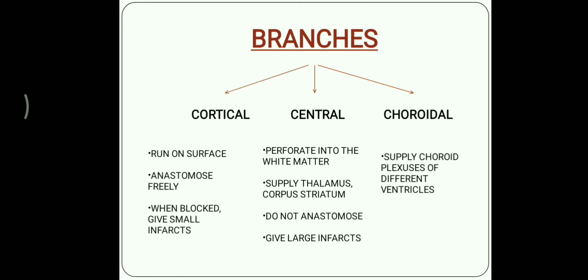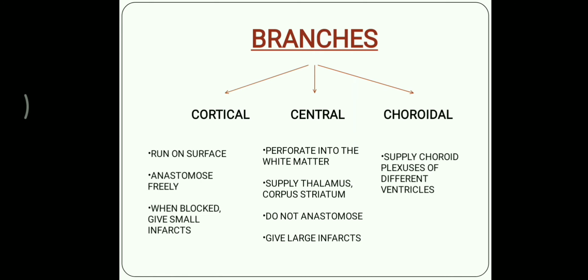Now the central branches, on the other hand, penetrate deep into the white matter of the cerebrum and supply the thalamus and the corpus striatum. These do not anastomose and give rise to very large infarcts when blocked. The choroidal arteries, as the name suggests, supply the choroidal plexus of different ventricles.